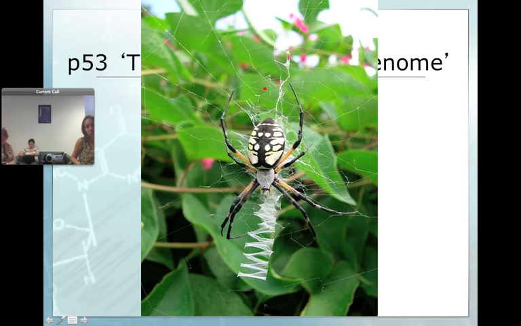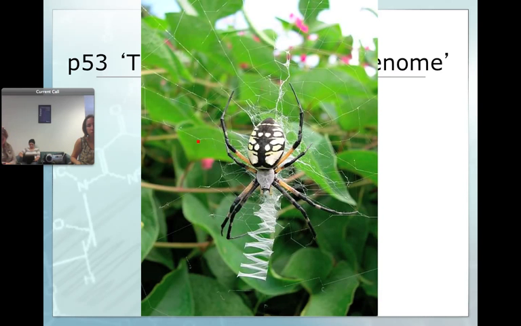It's using that to keep the web tense. The spider is sensing changes that are out there. If something happens in this area of the web up here, the spider's going to know because it's going to transmit down to the leg. The same thing is what it's doing with these other places. It's sensing all different things.